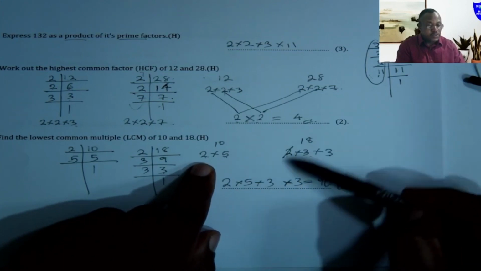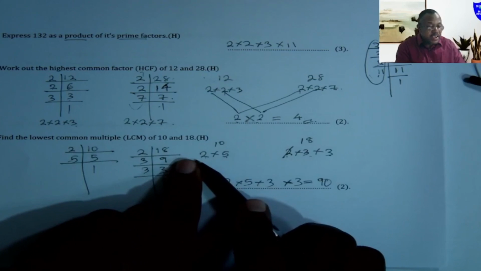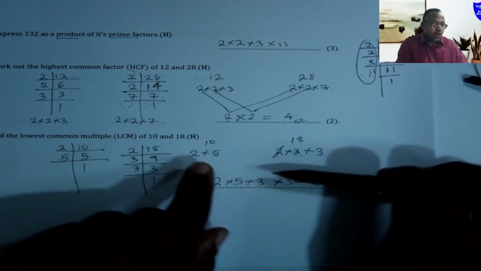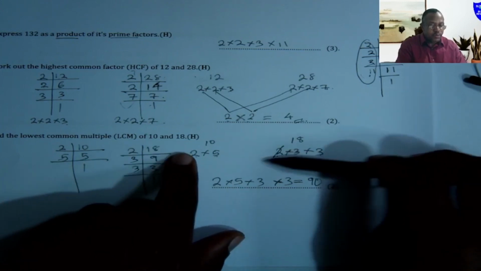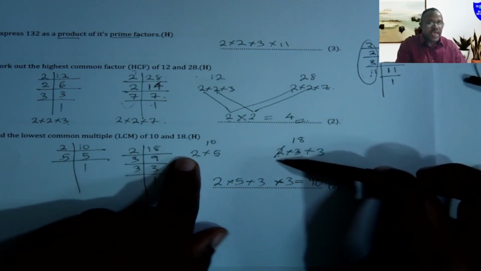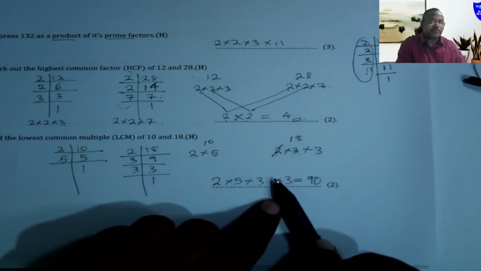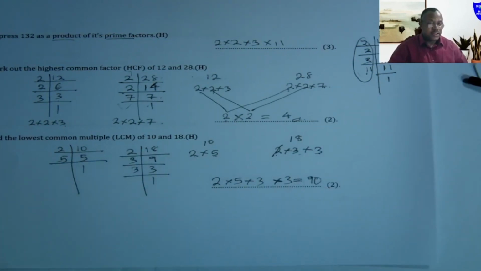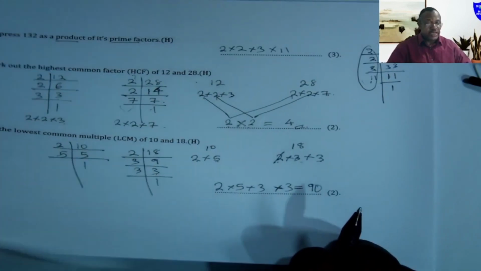We cancelled them on one side. You could have cancelled it here or cancelled it here, but you only cancel 1. 2 is common on both sides, so we get rid of the 2 there. Then the rest that are remaining, simply bring them down and multiply them to get what? The lowest common multiple. I hope that is clear, guys.